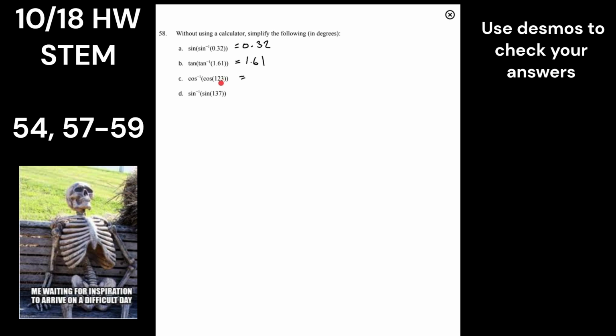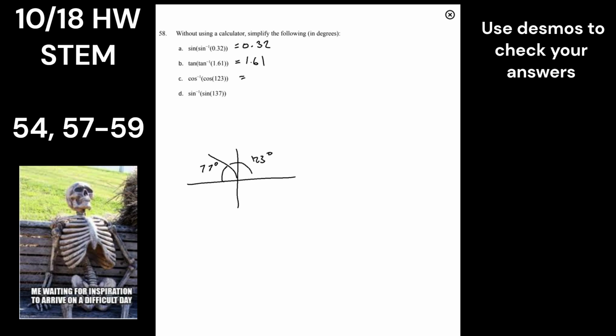Cosine of 123 is in the second quadrant. However, if you inverse cosine it, it's the first. The only way that you can get a negative number is by going 123 degrees. So like if you, this is 77 degrees, right? Because this is 123.